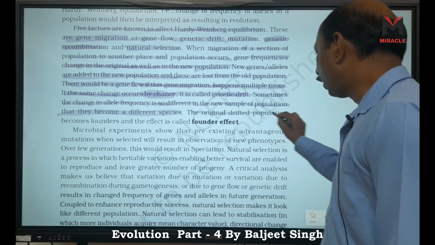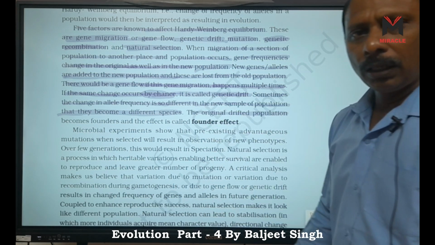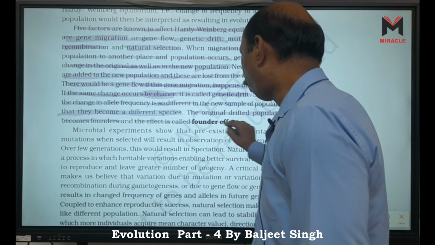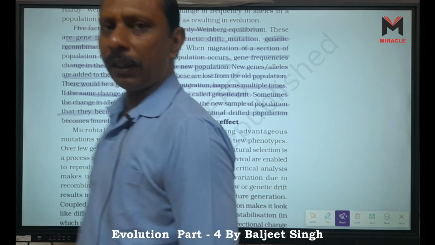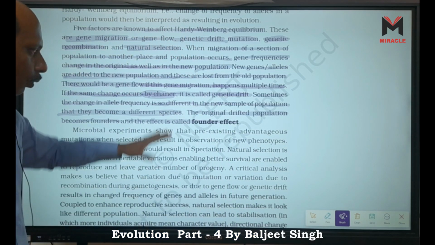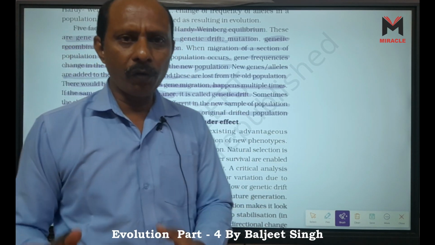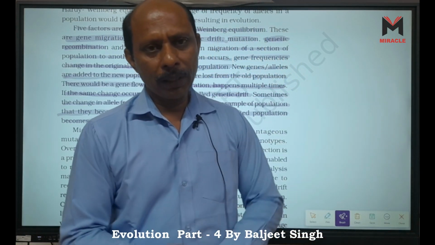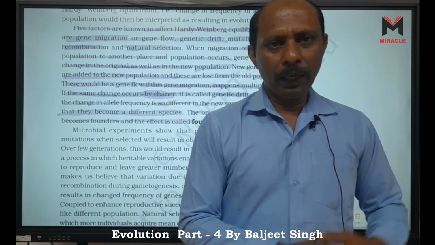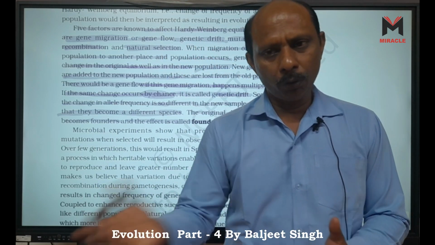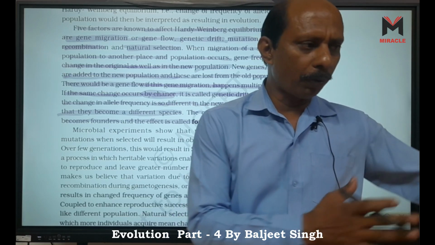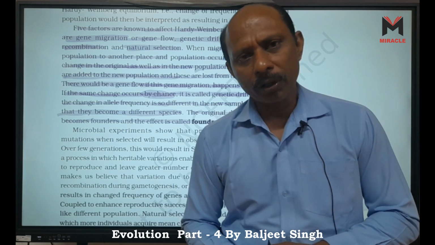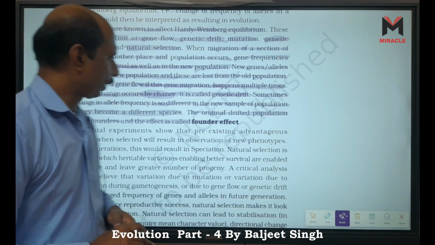The original drifted population become the founder, and the effect is called founder effect, because they migrate and isolate in a specific area, develop a new population with some variation, and are totally different from the original population. And one important thing: genetic drift always occurs in small populations, right?